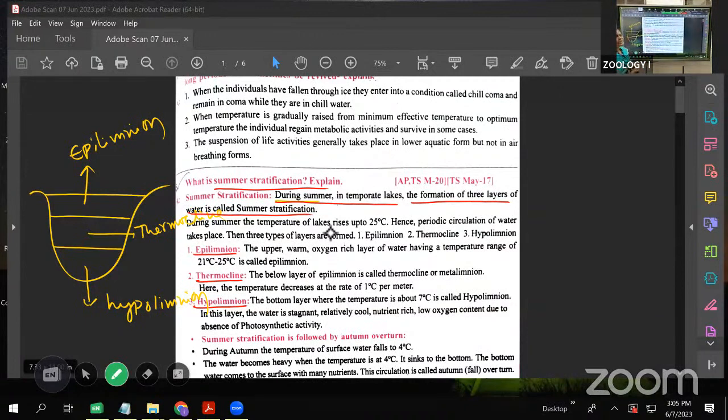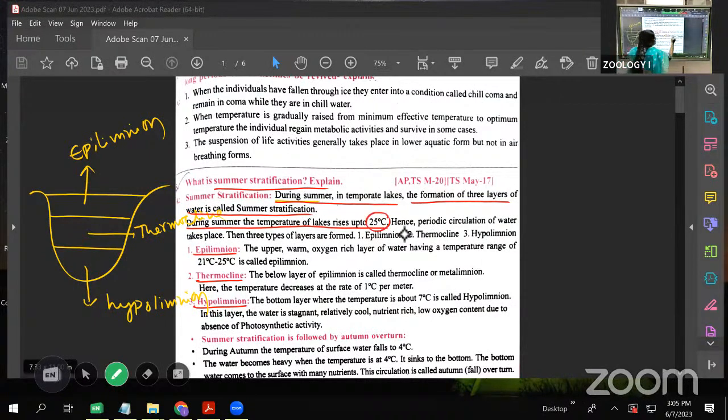In the temperate region, in the lakes, the water is divided into layers that we call a summer stratification. During the summer, the temperature of the lakes rises up. All of you know, in the summer season, the temperature rises. How much? The temperature will be 25 degrees centigrade.